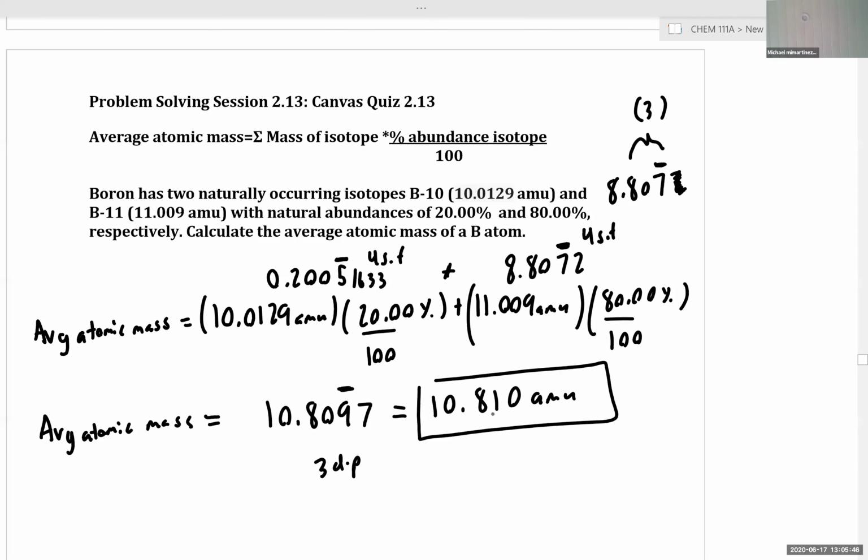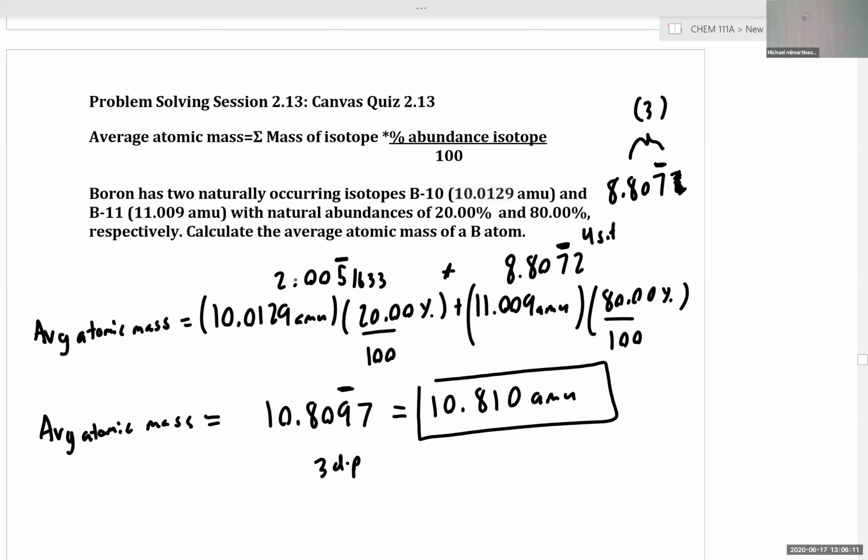Hey, Professor, I got a different number on your 20% calculation. Yes, I got 2.00258. Oh, yeah. Sorry about that. There we go.